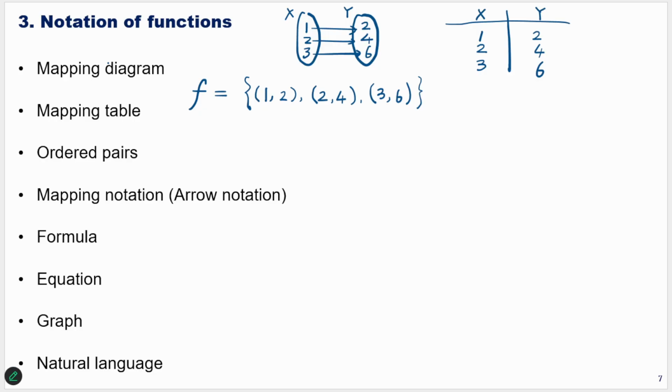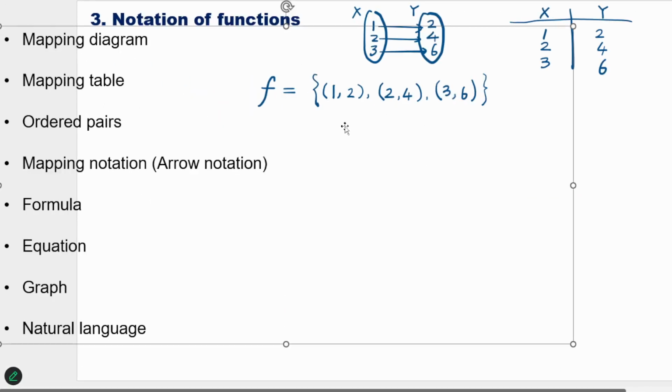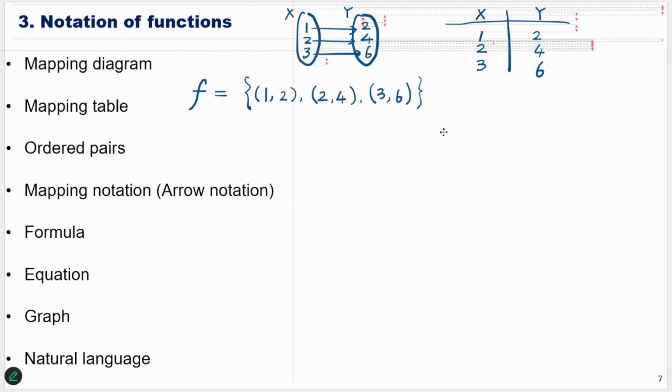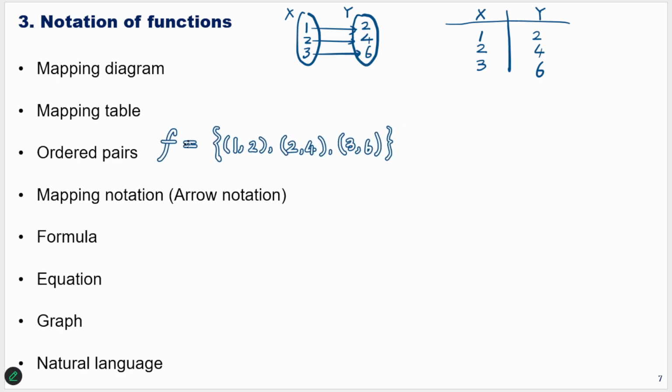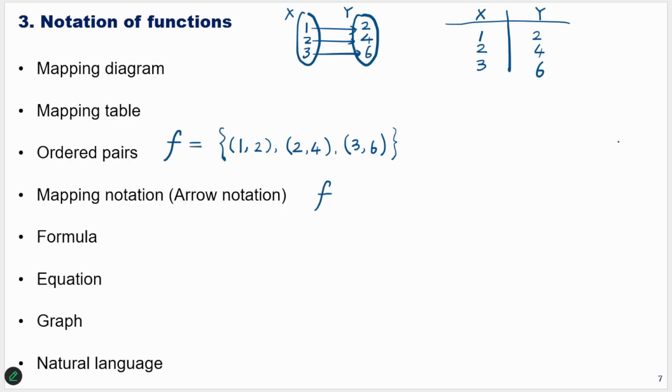And we can also use a mapping notation, which is also called arrow notation. In this notation, you can write the function like this. Okay, we say f colon maps x to 2x.